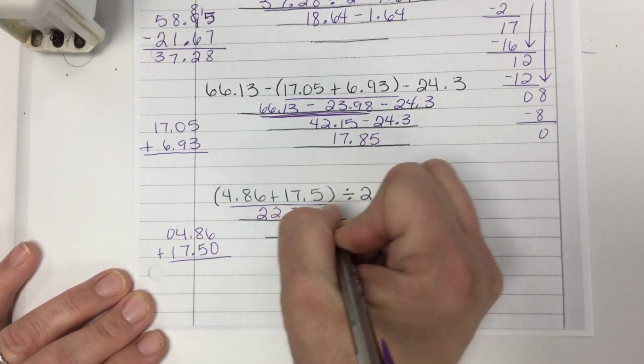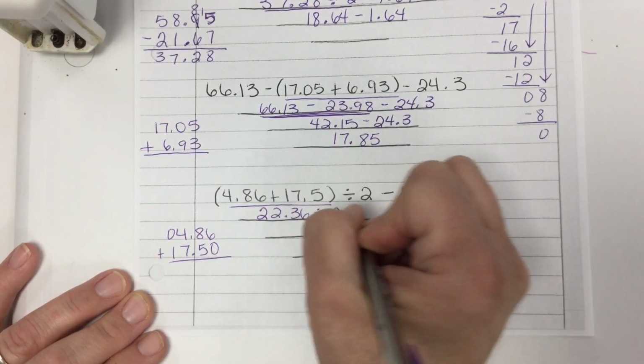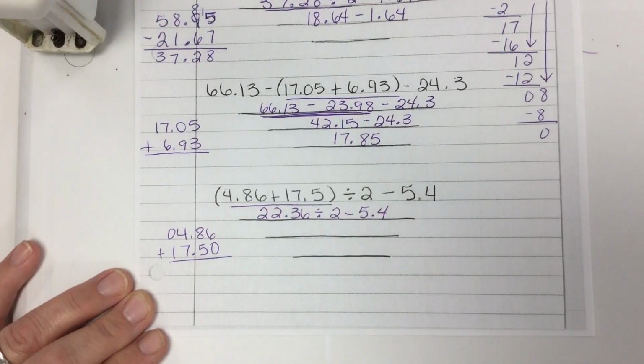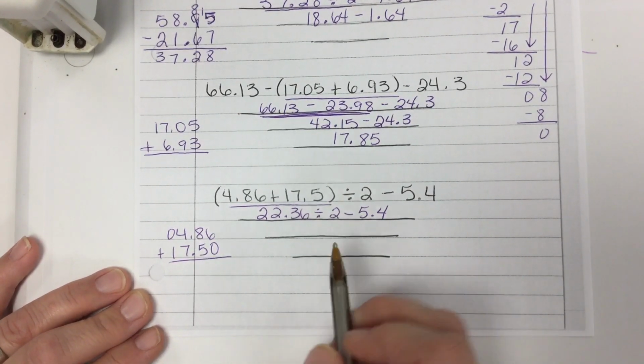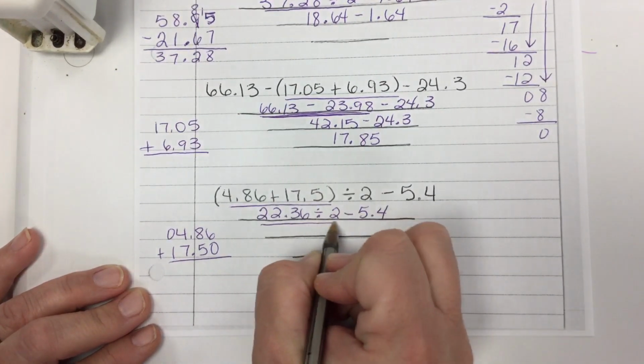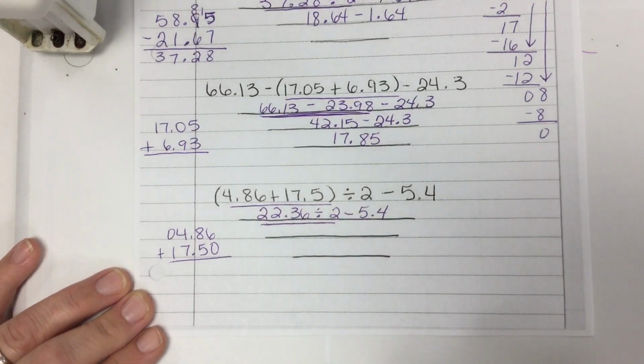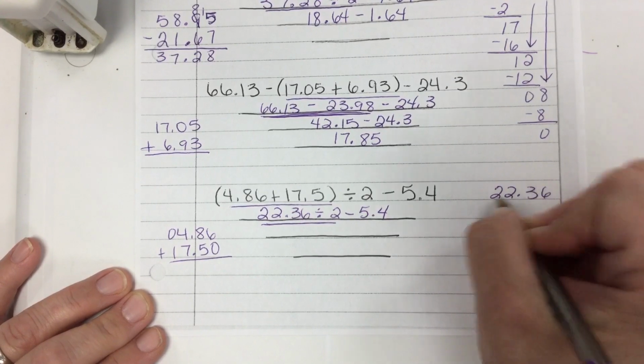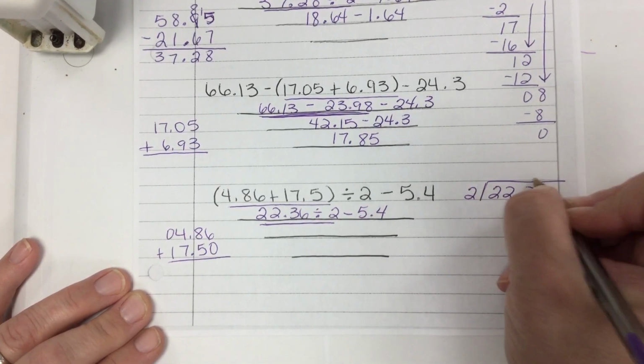Bring down the division sign, bring down the 2, minus sign, 5 and 4/10. Okay, we have division and we have subtraction. Division comes before subtraction. So 22 and 36/100 divided by 2.